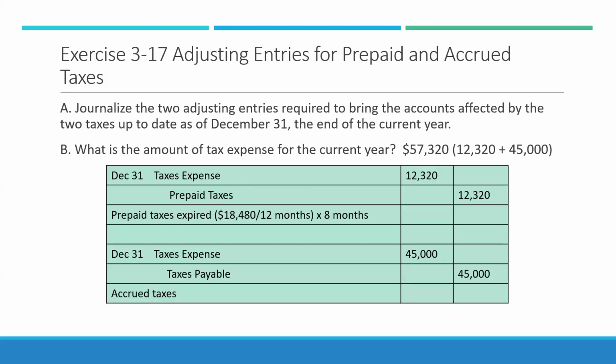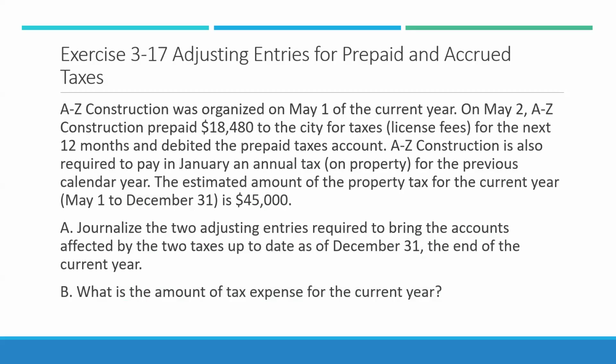So do you see the first one? Construction, we had prepaid $18,480 to the city. This is May 1st for the next 12 months and debited the prepaid tax account. So $18,480 for 12 months is how much a month?